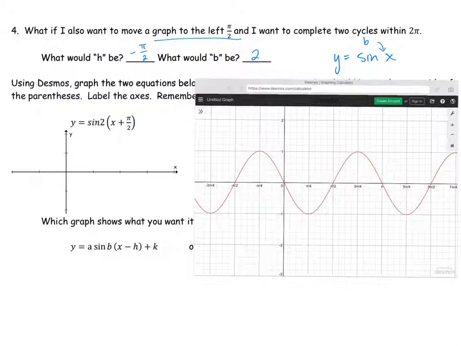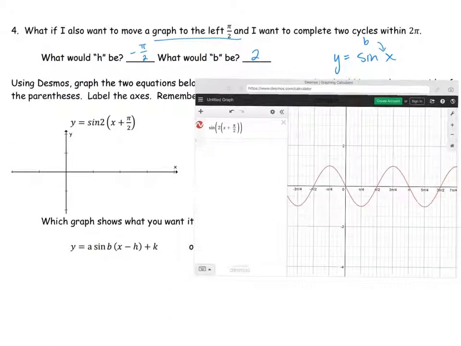If I put, sorry, messing with my functions here. If I put, let's get rid of those, the 2 inside of the parentheses, then something different happens. So I end up not starting at negative pi over 2, but starting at negative pi over 4.